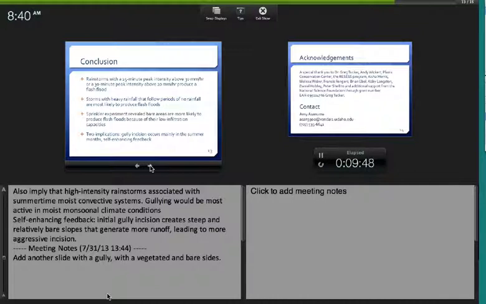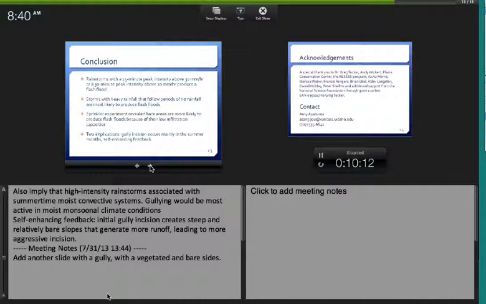And the two implications that we can put to the test with these conclusions are that gully incision occurs mainly during the summer, in the high intensity random rainstorms associated with summertime moist convective systems. So monsoonal climate conditions is where gully erosion would be most active.